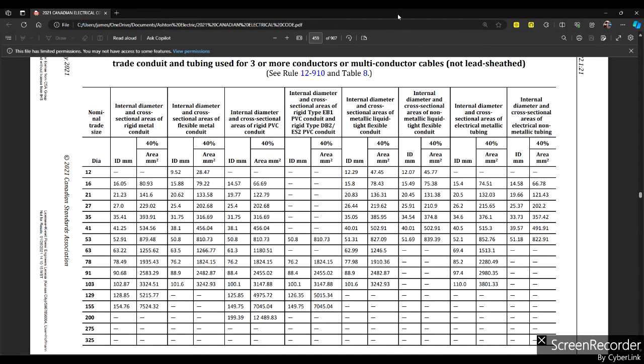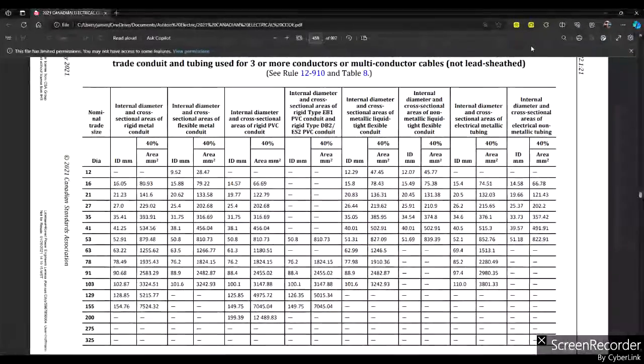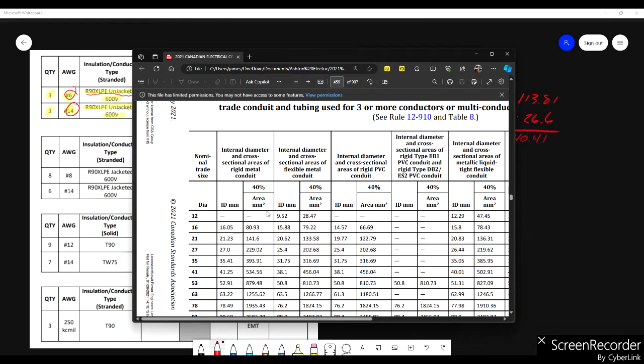Now we came with a total area of 140.41. All we need to do is come down here and find a number that is equal to or greater than that. So it looks like we're going to be using a 21 millimeter conduit. That's our answer. All right.